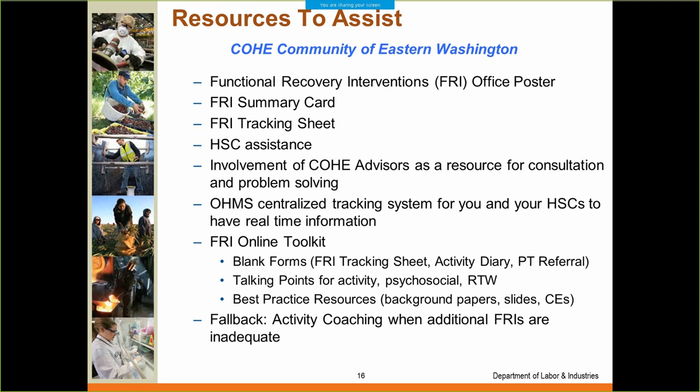As a fallback, if the attending providers do the functional recovery interventions with their workers in their office for a few weeks and they're still not recovering and the extra support that the APs are providing isn't enough, there are fallback positions. The consultation with physician advisors, there's a progressive goal attainment program, which is a structured program up to 10 weeks with people who've been specially trained, working with workers through some of the psychosocial issues like activity avoidance, catastrophic thinking.